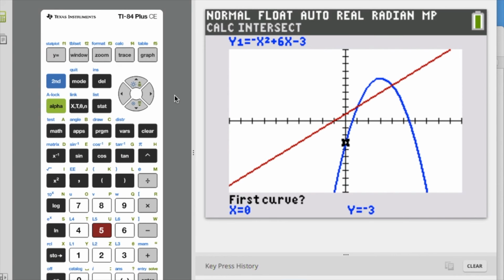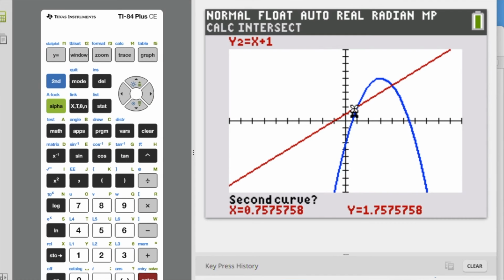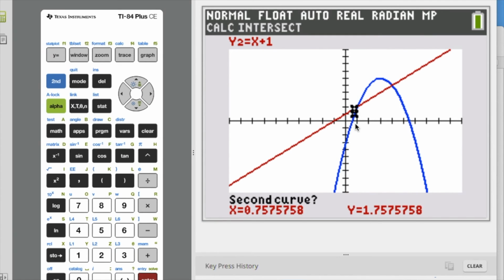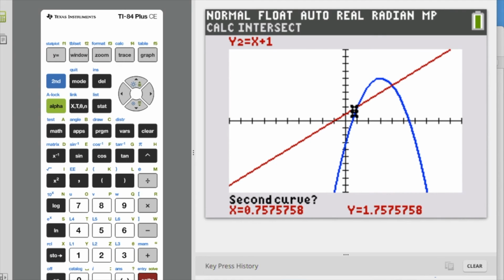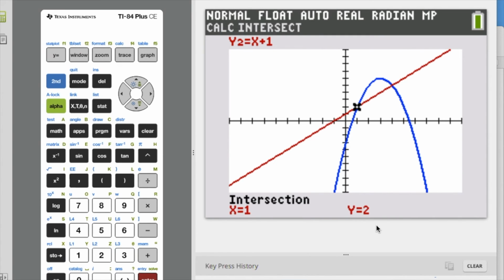Okay, and it's going to ask me to get close to it on the first curve, to whatever intersection point I want to find. So I'm just going to find this one down here first. I'll move my cursor close to it on my first curve, and hit enter. And then it'll hop up to the second curve, and usually it's pretty close to the intersection point as well. So I'll hit enter again, and it'll say, do you want to guess? And just hit enter. And then it gives me the intersection point of 1, 2.